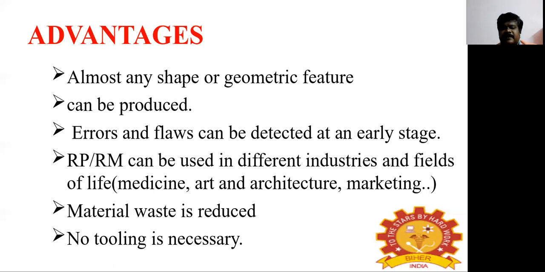This RP machine plays an important role for arts and architecture. Suppose an architectural part, we can take any model and build it by means of this RP machine. In marketing, any prototypes we can build, can be a gear or any component, and before actual production we can show it.